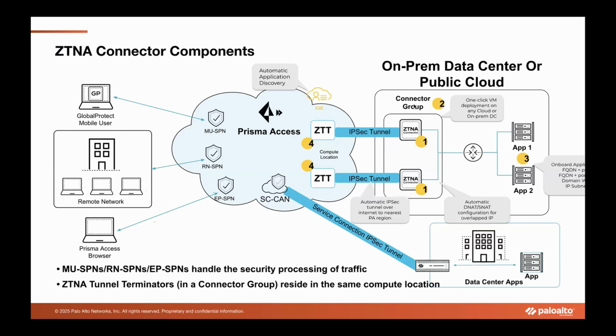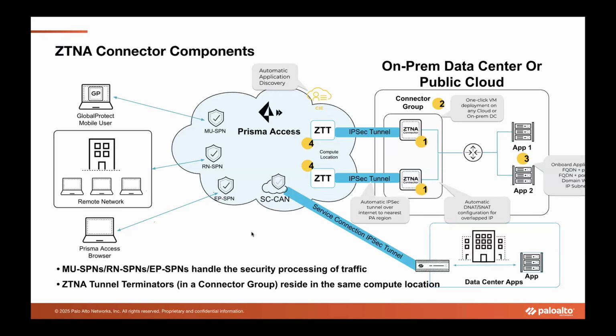Once you configure the connector group, you configure the connectors, and then you configure the application targets in the UI. Once the ZTNA connector is up and running, it tries to contact the Prisma Access backend, and using the public IP, Prisma Access automatically determines the location of the ZTNA connector, updates the location, and forms the IPsec tunnel, which starts the whole process of connection to the private application.